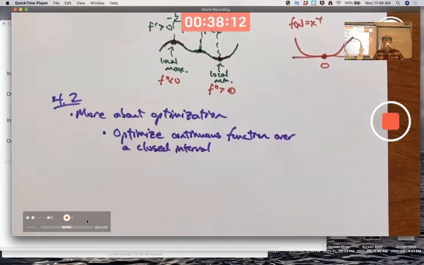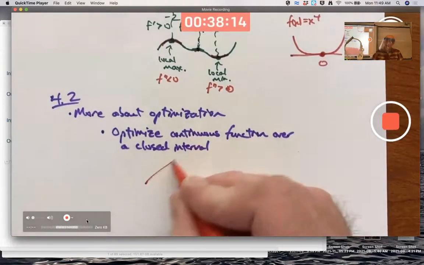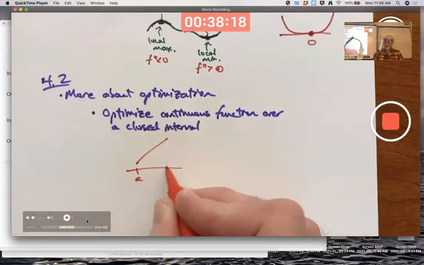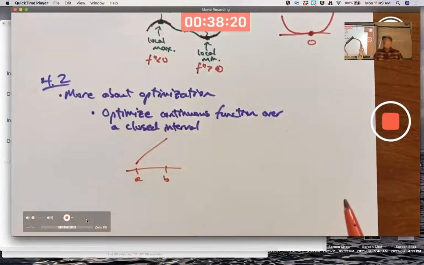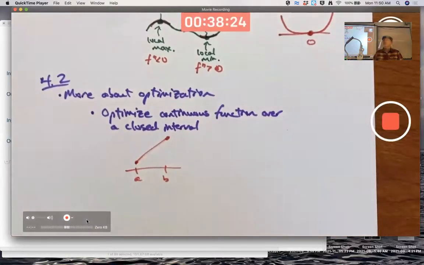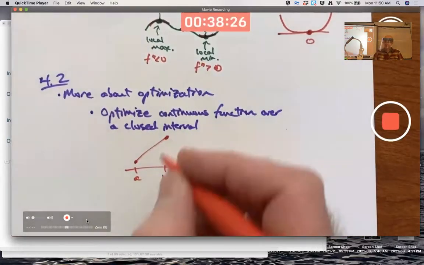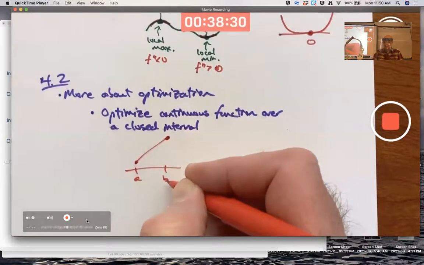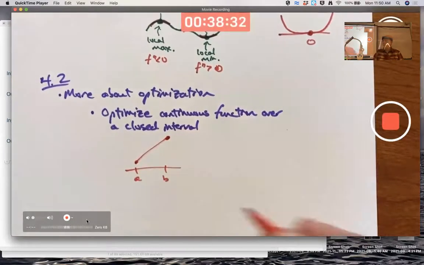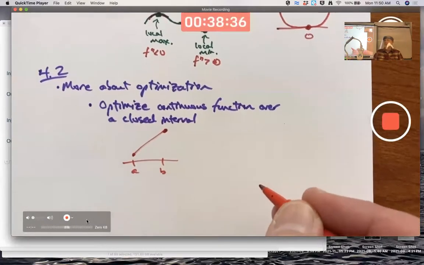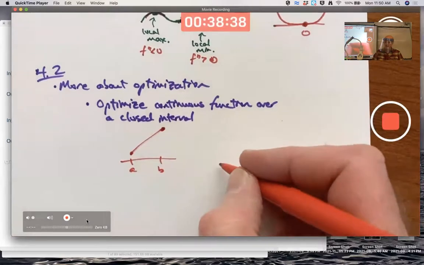So a real simple example is y equals x, okay? On some closed interval from a to b, there's no critical points, but this function on this interval does have a high point and a low point. The global maximum is at x equals b, and the global minimum is at x equals a. That would be a kind of silly example, but technically it applies.